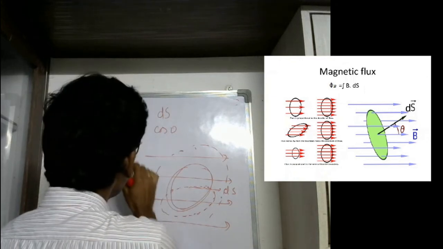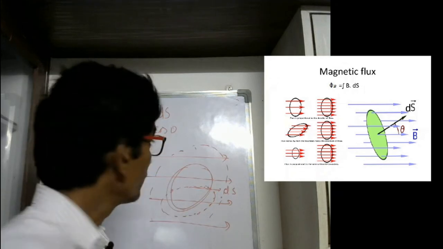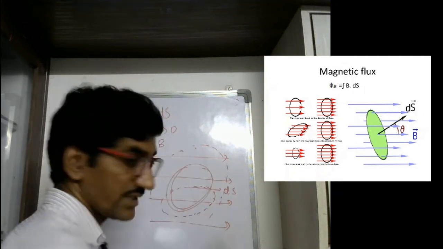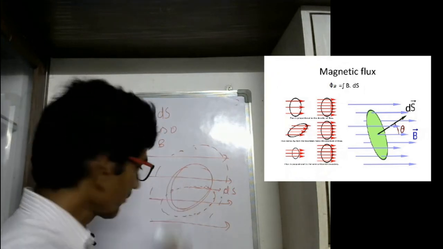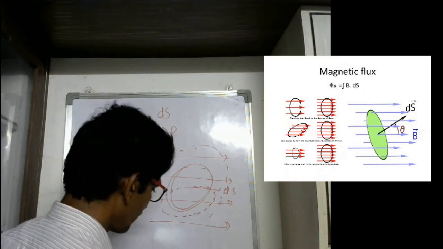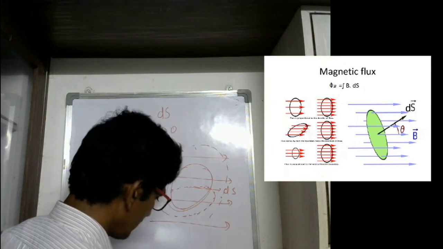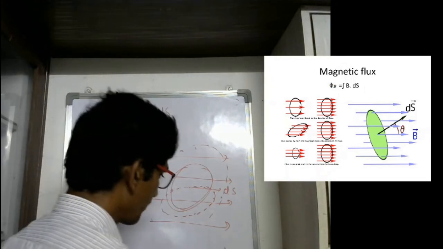Next, phi b is also proportional to the intensity of the field. Suppose we take the same ds, but here we are having a different field. See, here the field intensity is more, say B prime.